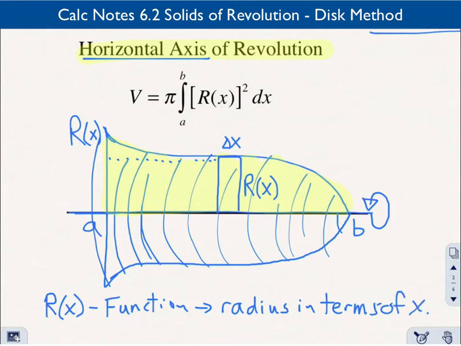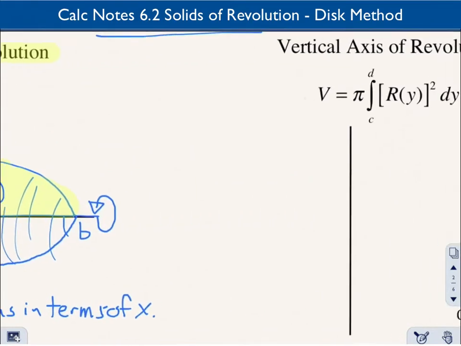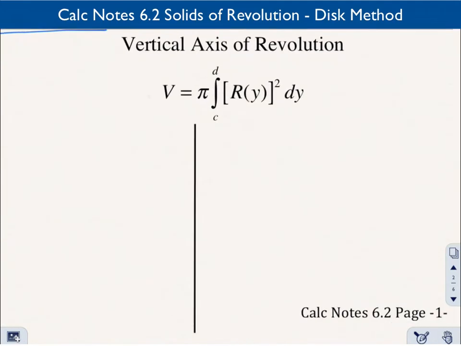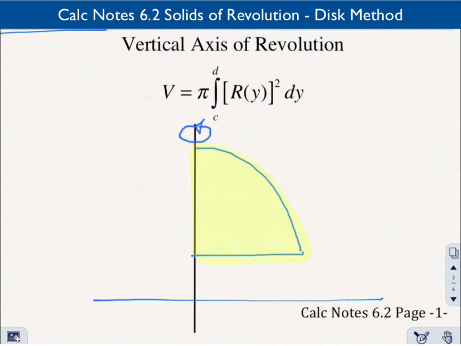Okay, so let's take a look at a vertical axis of revolution. So we could have a function kind of looks like this, and I'm just going to draw my x-axis in here. Now in this case, if we rotate this area around right here, we would now want to rotate it around the y-axis. Okay, so I always like to draw that rotation figure so I know where I'm going.